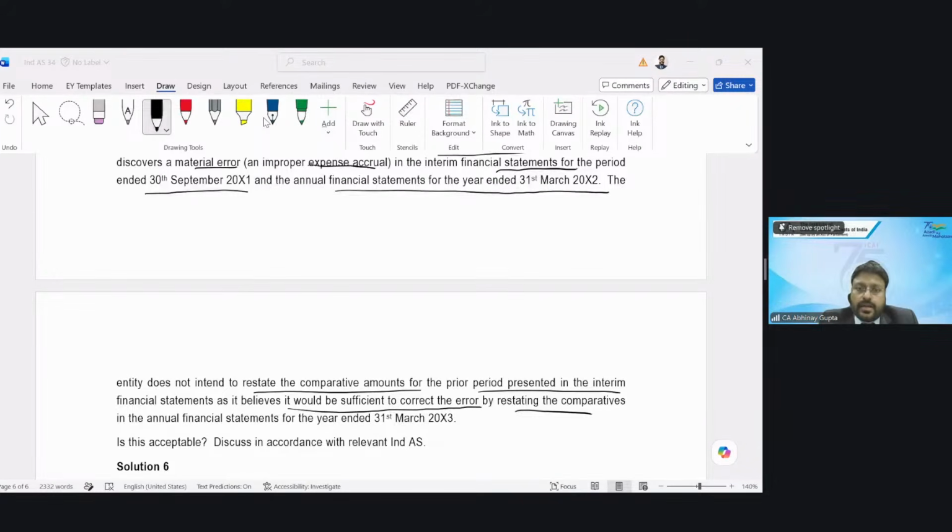So correct the error within this quarter. Apart from correction, anything else we are obligated to do? Disclosures within the quarter for the error correction? Yes or no? Right? Because it is an error correction, which is a material item, right?